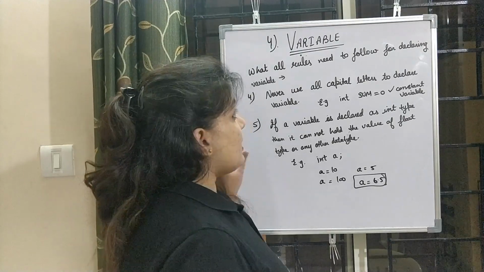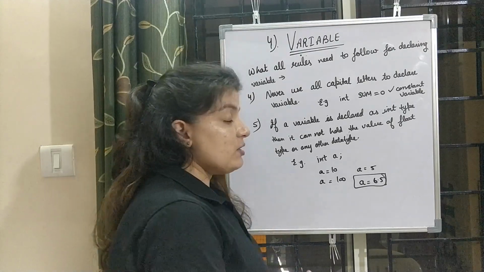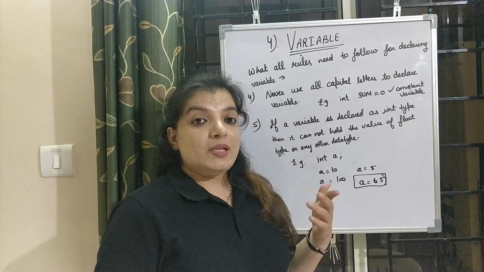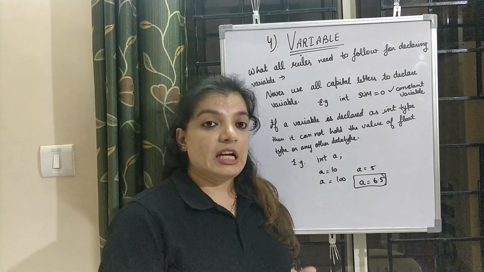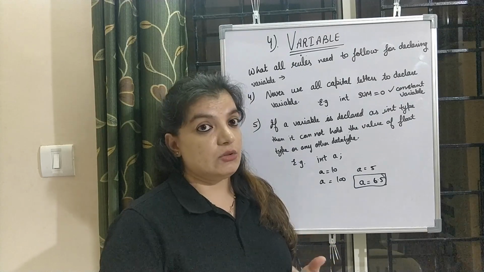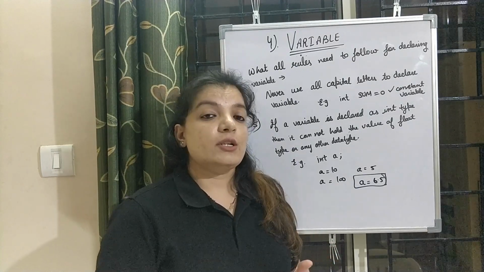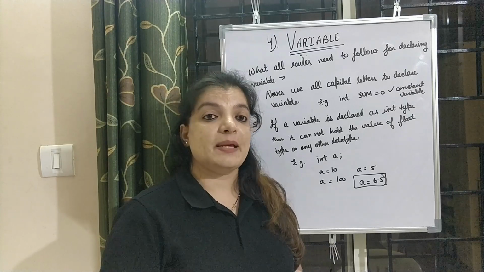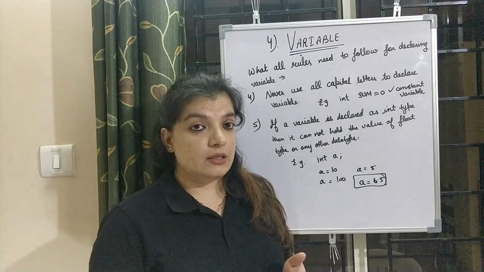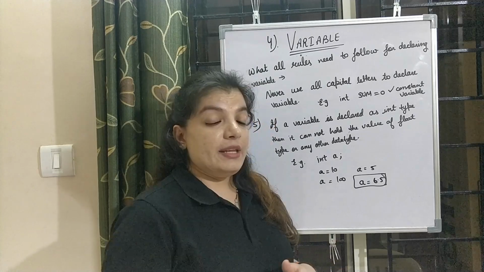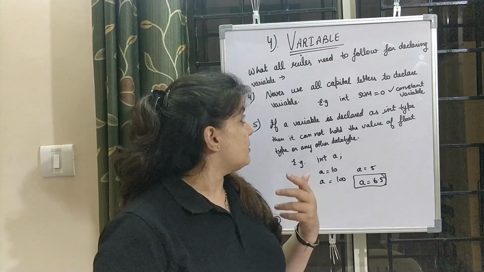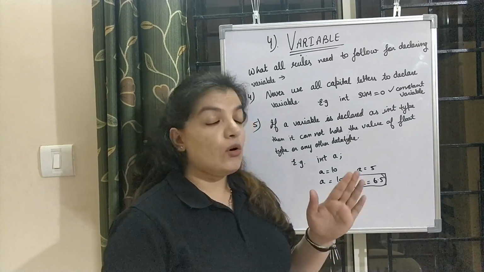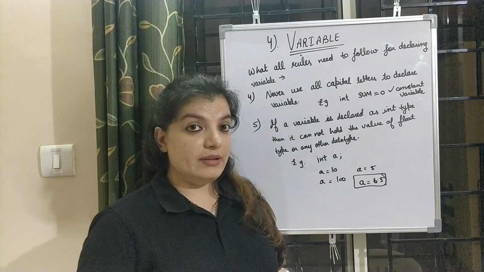Now these are all the rules. So what is the very first rule? The first rule is that the variable should start with either an alphabet or an underscore. Second rule, it should not start with a number or any other special character except underscore. Third, never use all capital letters to declare variables.